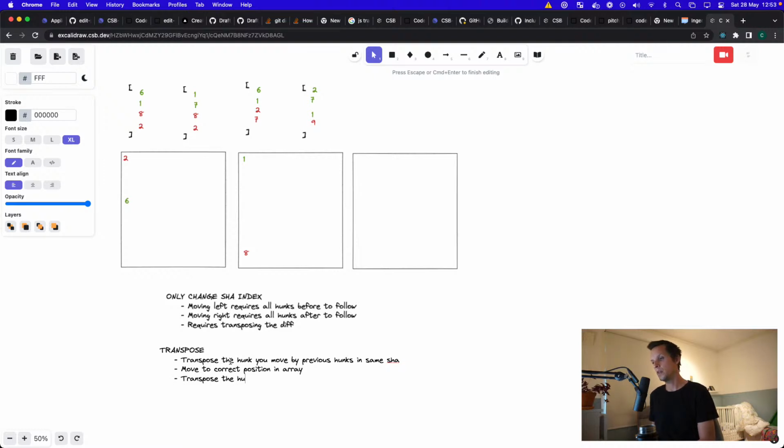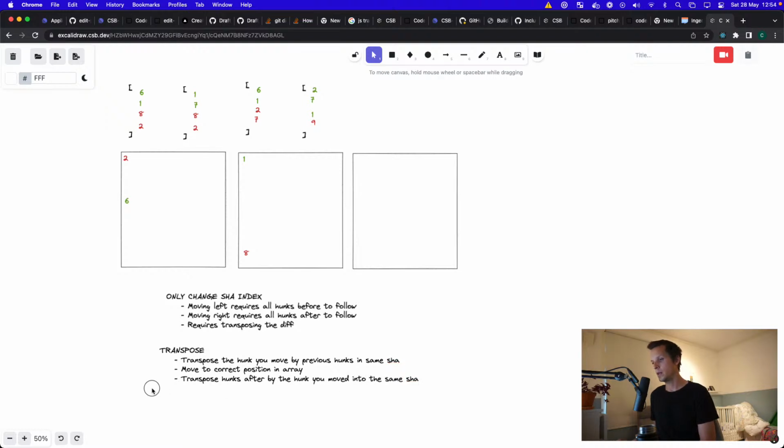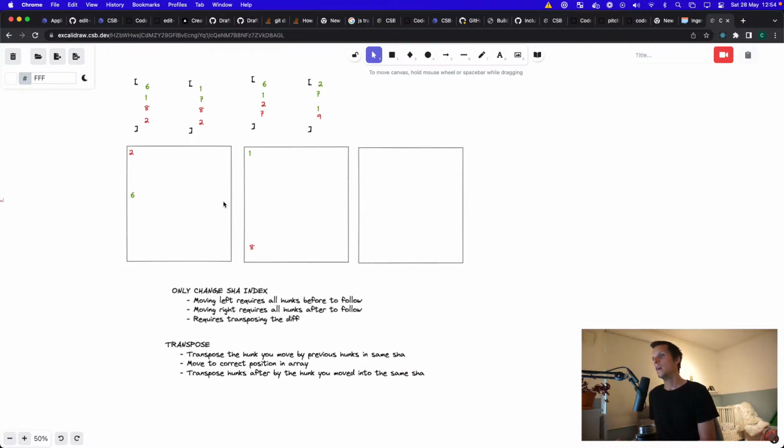Transpose the hunks after the hunk you move in the same SHA. Transpose hunks after by the hunk you moved in to the same SHA. Okay, that makes sense to me.